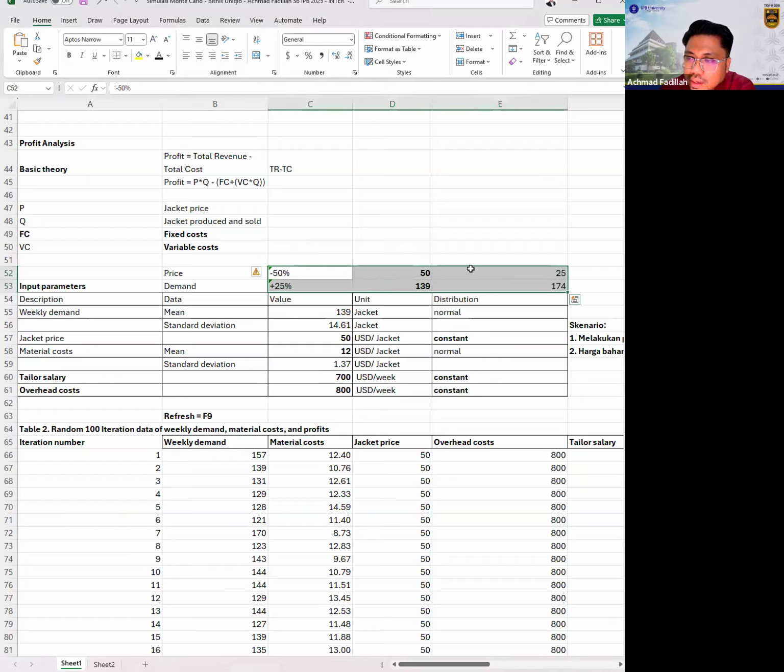You can see there's 50, then the price is reduced to 25. The consequence of this promotion is a 25% increase in demand, from 139 to 174. That's the consequence of the difference.